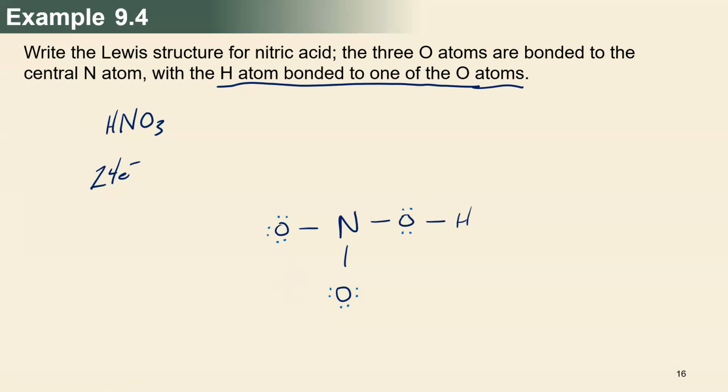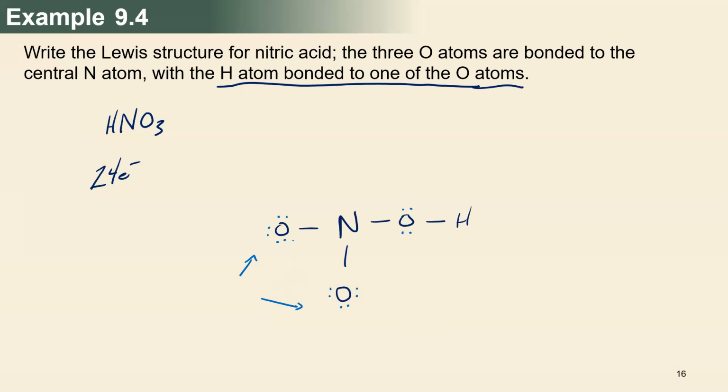So here I've used up all my electrons. That's 24. What's the matter with this Lewis structure? Nitrogen needs an octet. That's right. Nitrogen's missing its octet, and so we need to form a double bond. There's no difference if we do it from this oxygen or from this oxygen, right?